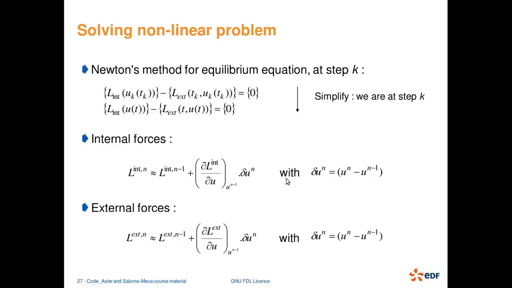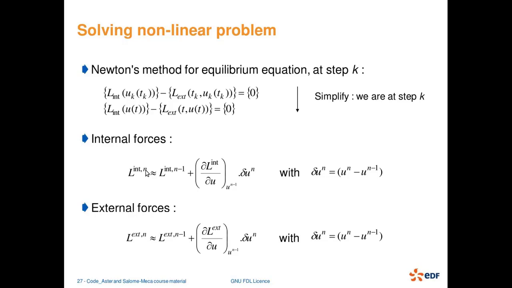Well, now while solving the nonlinear problem, we will apply Newton's method, and for finding the solution at any time step t_k, I have to have many iterations, and those iterations are indicated in these equations by number n.